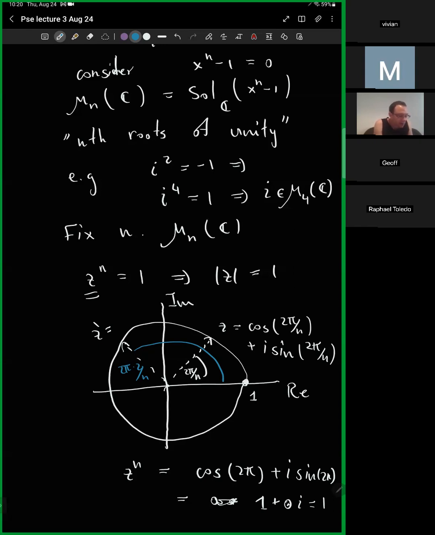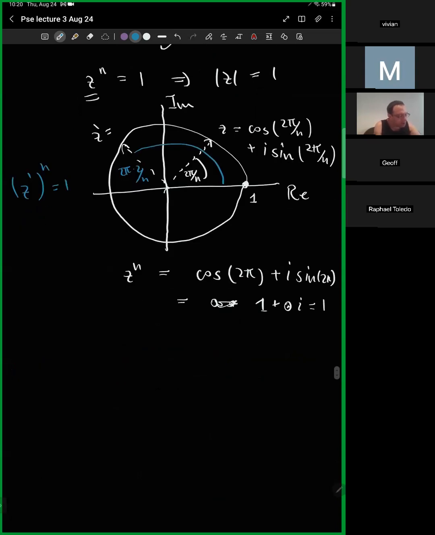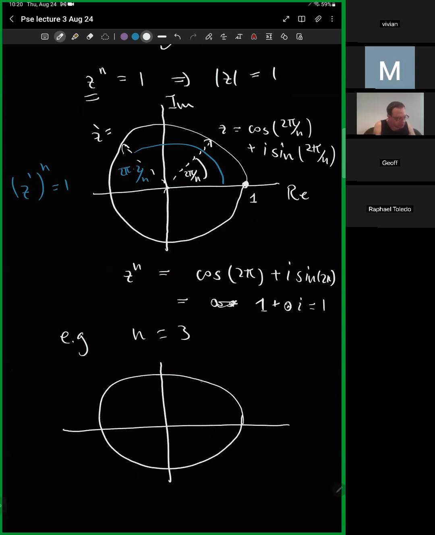So I will also get the unit element 1. So also z prime to the n is equal to 1. And similarly, so what is happening here? Let's say n equals 3. I can divide the circle into 3 equal parts.